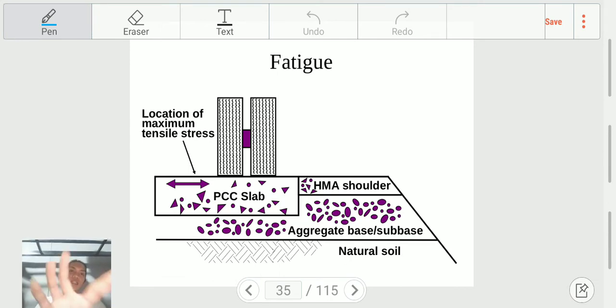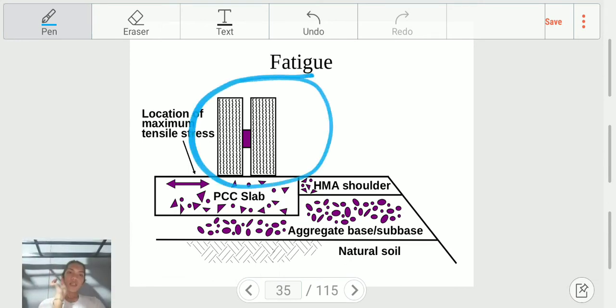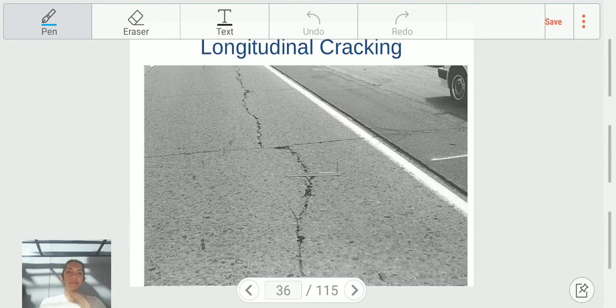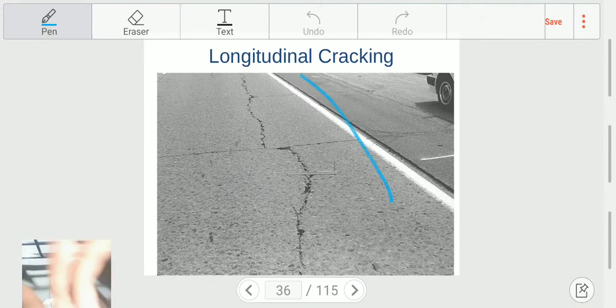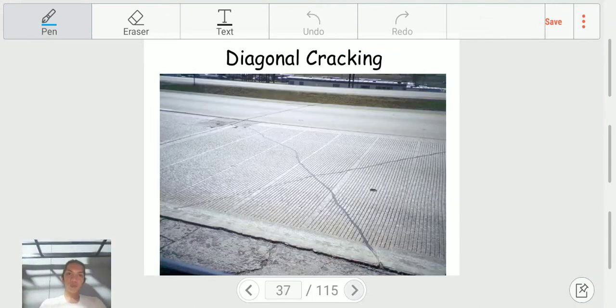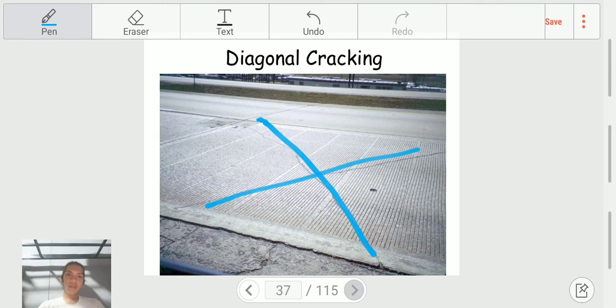This is our wheel, the PCC slab, the HMA shoulder, aggregate base, sub base, and natural soil. Here are longitudinal cracks. This is also a diagonal crack. If you notice, the cracks are diagonal.